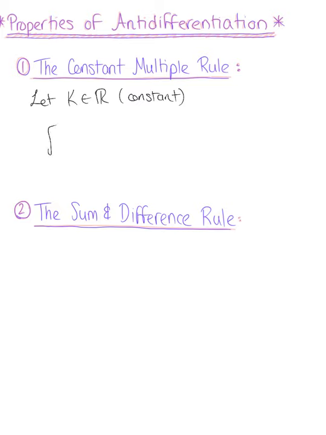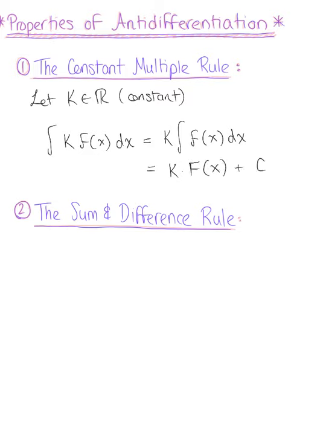So if we have the integral of a constant k multiplied by some function f of x dx, to make this integration or this antidifferentiation process easier as we begin, we can pull that constant k to the outside of the antiderivative. So this becomes k times the antiderivative of f of x dx. And when we antidifferentiate, we end up with constant k multiplied by that antiderivative capital F of x plus that arbitrary constant c.